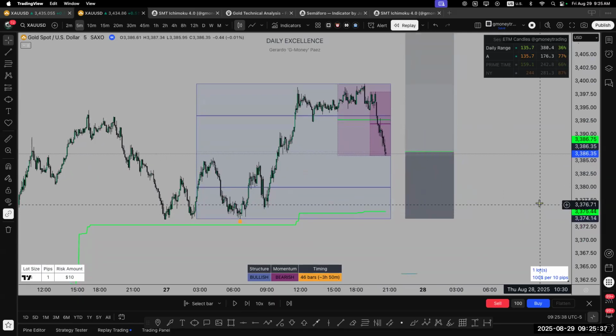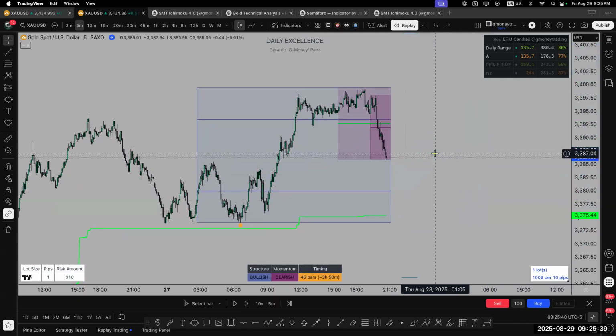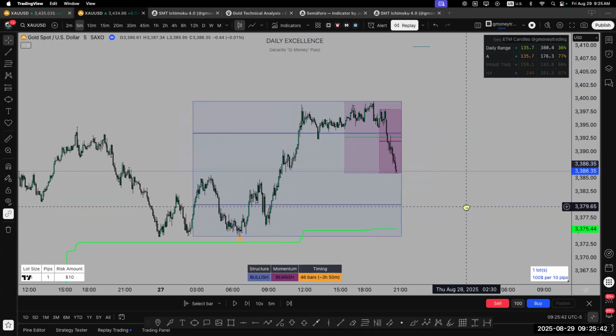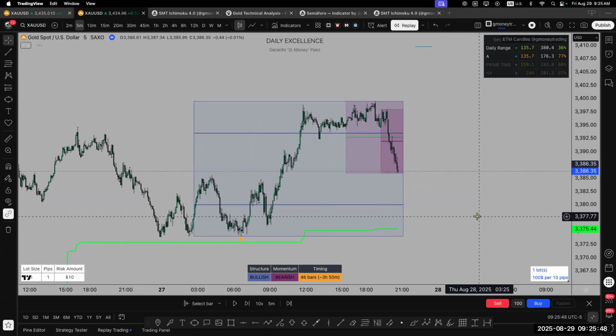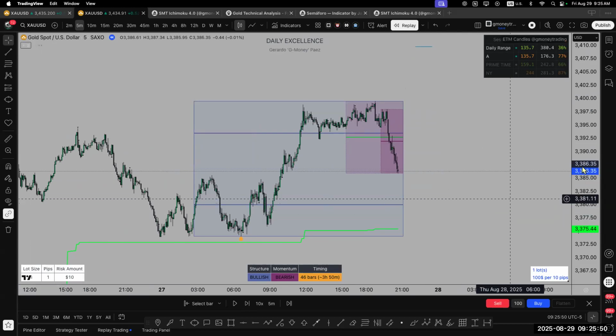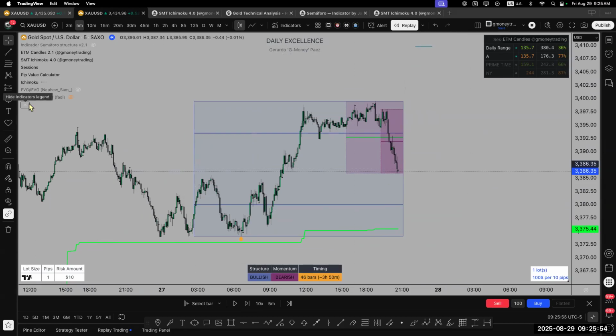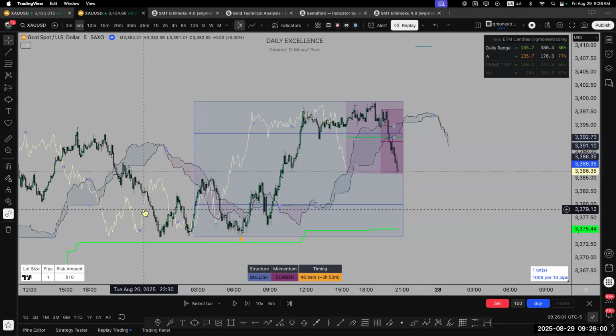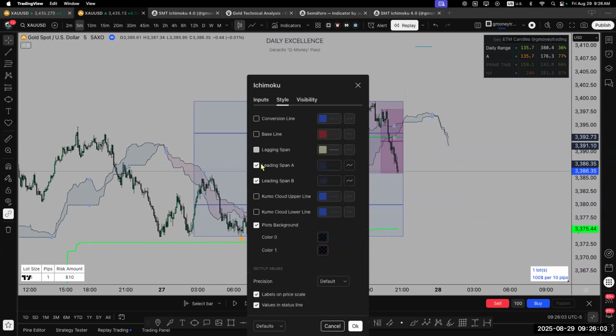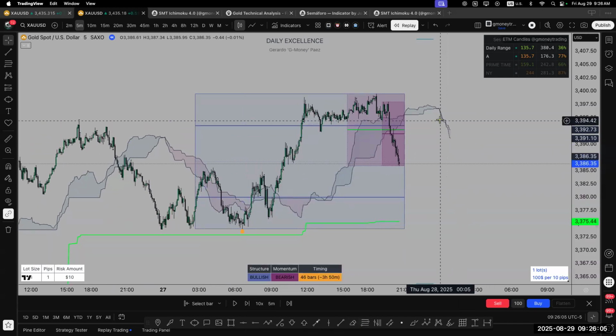Momentum is bearish. Why is the momentum bearish, guys? Remember, if this was the cloud, the Ichimoku cloud, we have a bearish cloud, right?